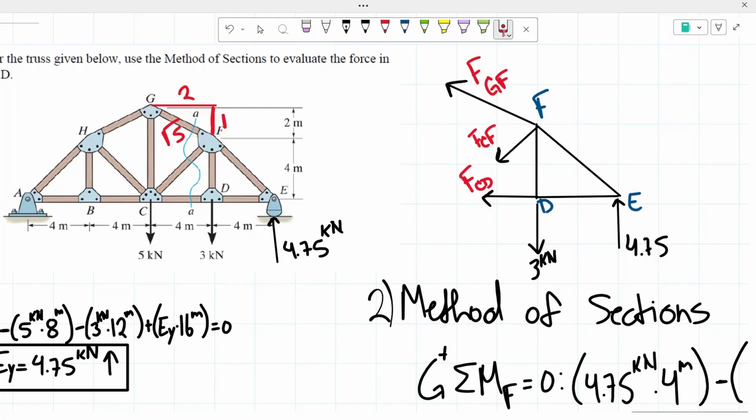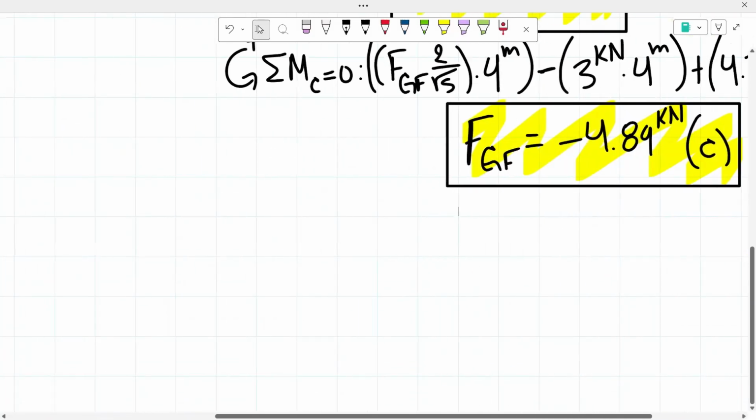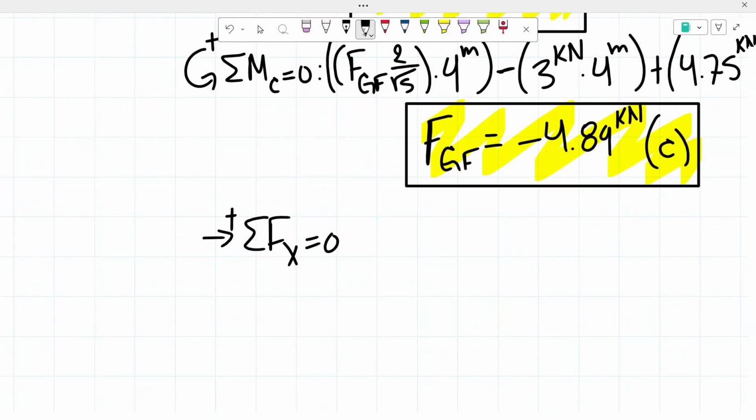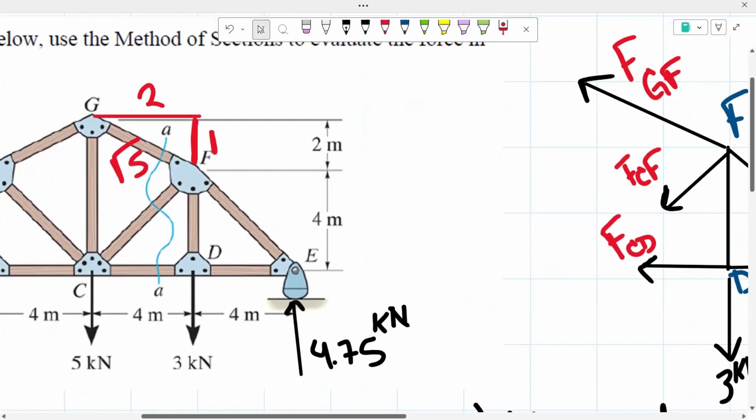Meanwhile, if we were to take the sum of the forces in the x direction, it would just be CF and GF. That's why I'm going to be taking the sum of the forces in the x direction. So sum of the forces in the x direction has to equal 0. From there, we're going to look at our force of GF.